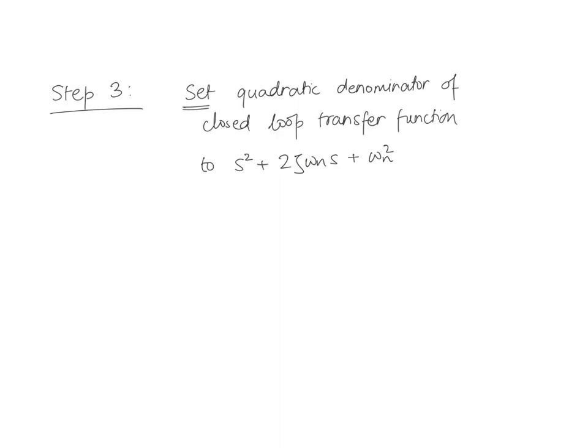That will allow you to find the parameters of your control, the gains Kp, Kd, or Ki, depending on what you choose. Okay, so that's the design problem.